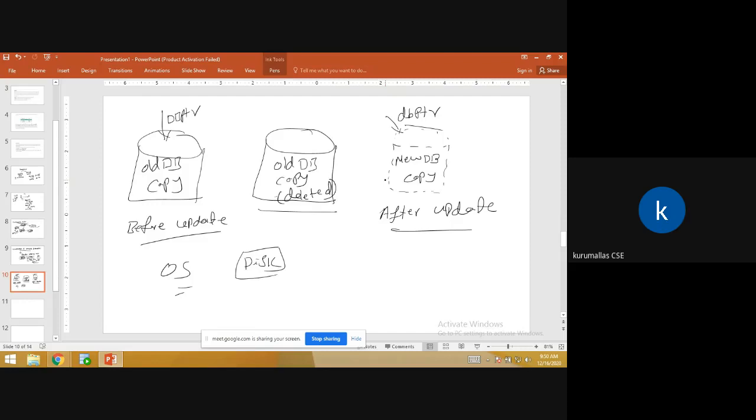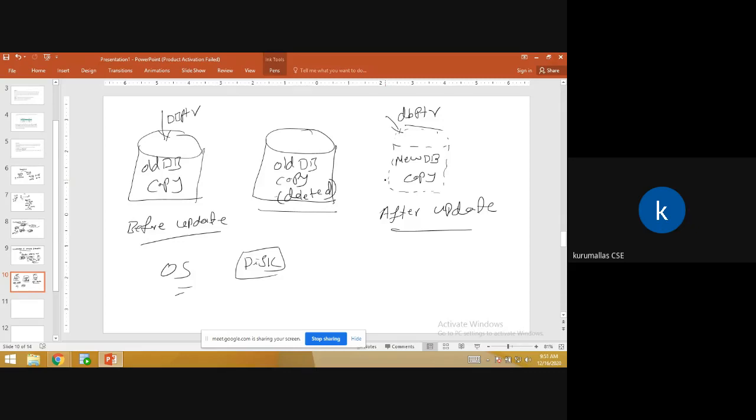Once everything is done with the mirror image, the output comes in much less time compared to the old database.